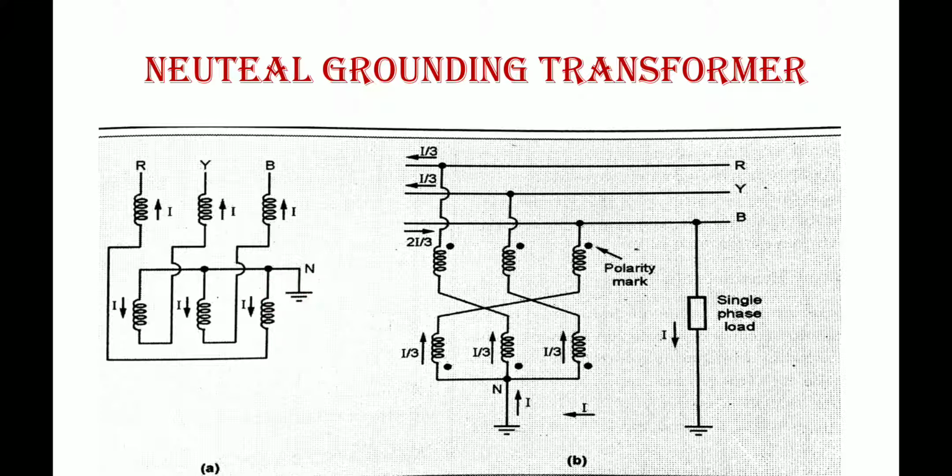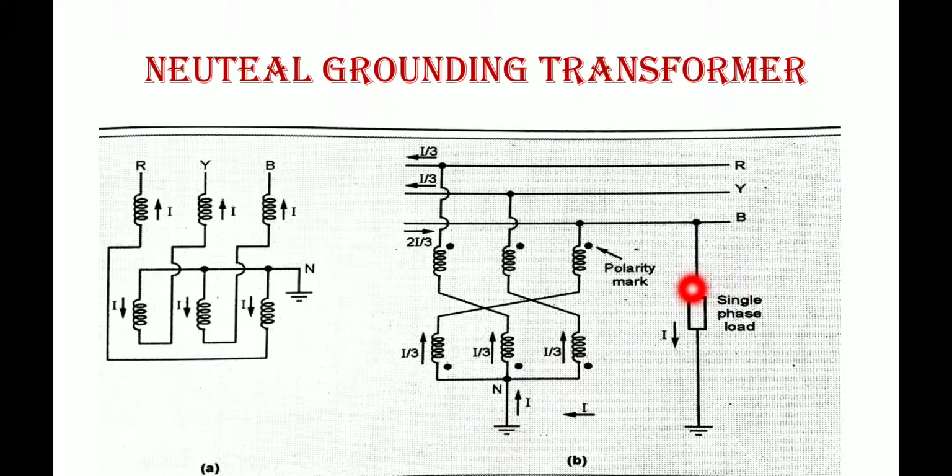Next, see here, this is figure B. The figure shows the grounding of a transformer to create the neutral point N. Suppose we connect a single phase load between B and the neutral point here. Then what will happen?